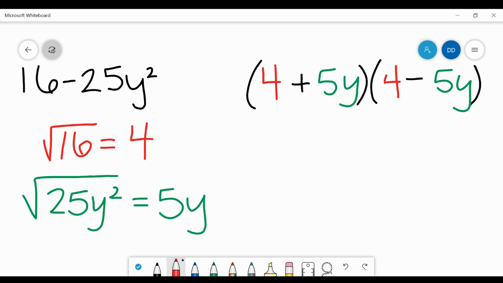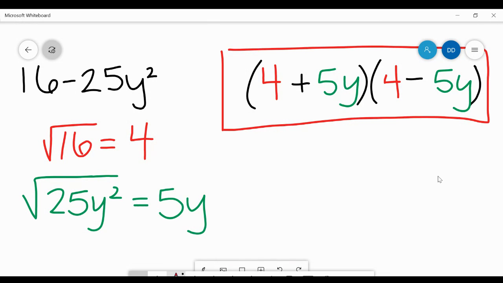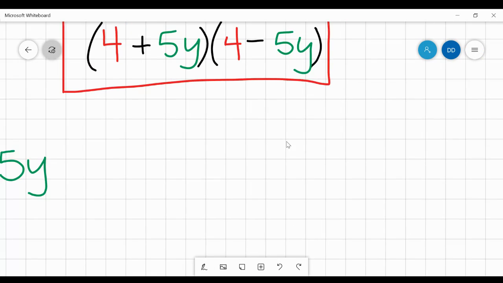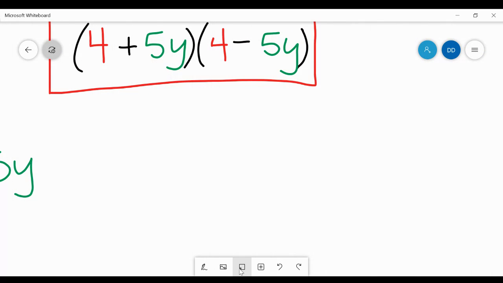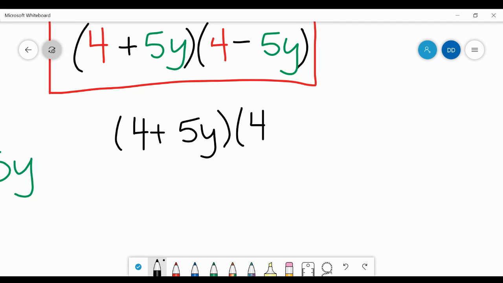And that's it. That's our answer. That's how you factor the difference of perfect squares. I'm going to check it real quick just to make sure that that's what we started with. I'm going to do that over here. Actually, I'll do the distributive method this time, just so we can see both methods.